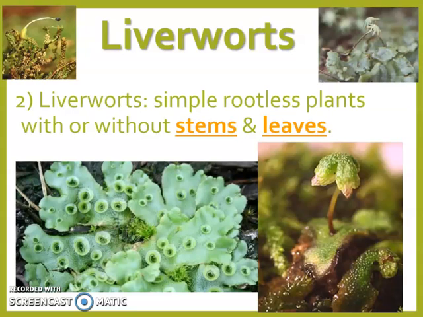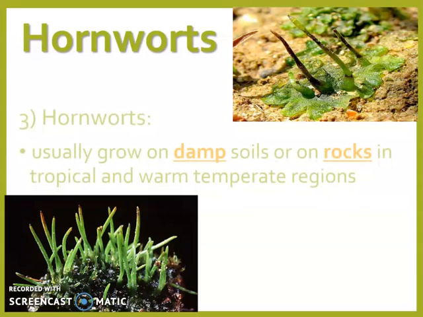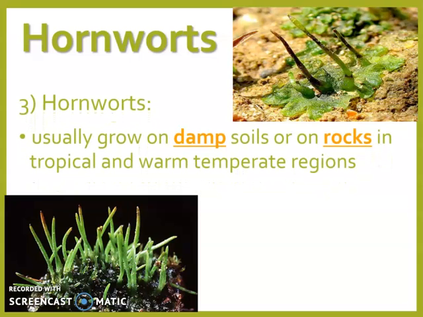And our last example of a non-vascular plant is a hornwort. And a hornwort, they're going to grow in wet and damp soils. They're going to grow on rocks. You don't tend to see them around here. You're going to see them more in the southern states and even more tropical, so get even closer to the equator.